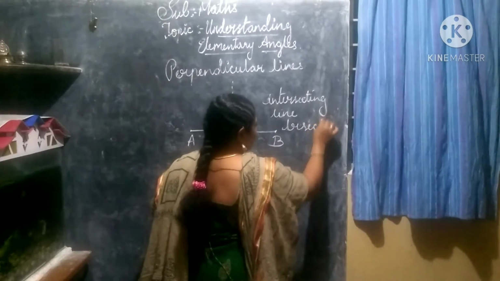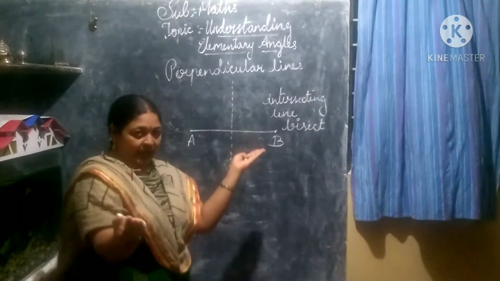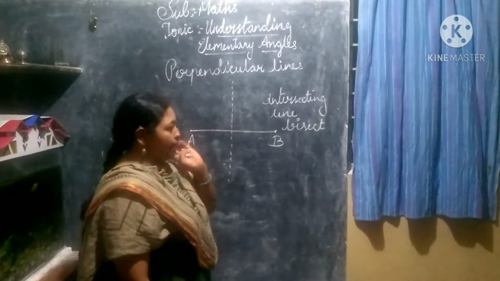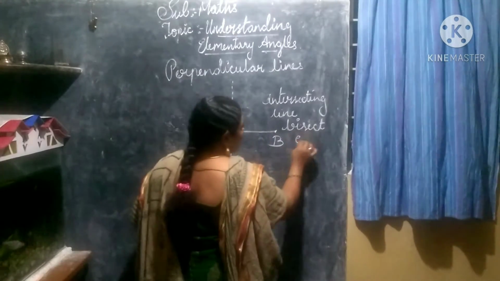What is bisect? Bisect is dividing. If the intersecting line bisects AB equally.